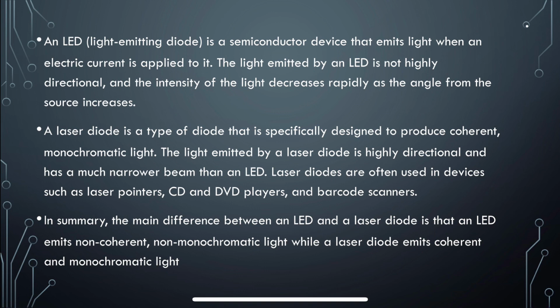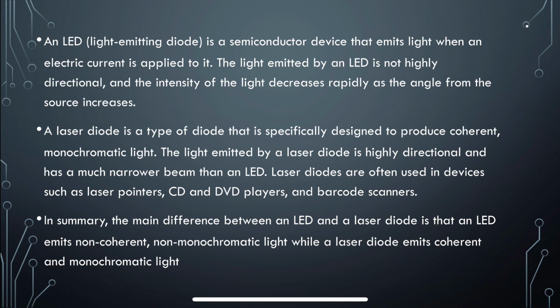A laser diode is a type of diode that is specifically designed to produce coherent monochromatic light. The light emitted by a laser diode is highly directional and has a much narrower beam than an LED.